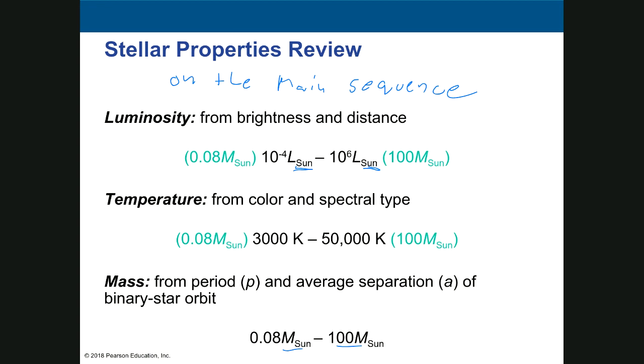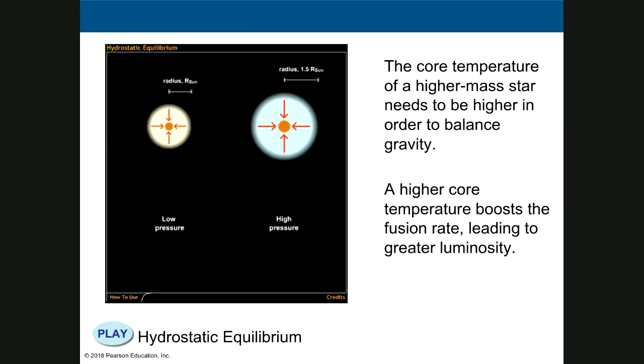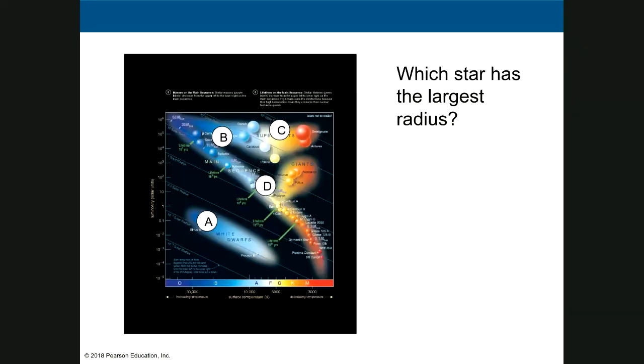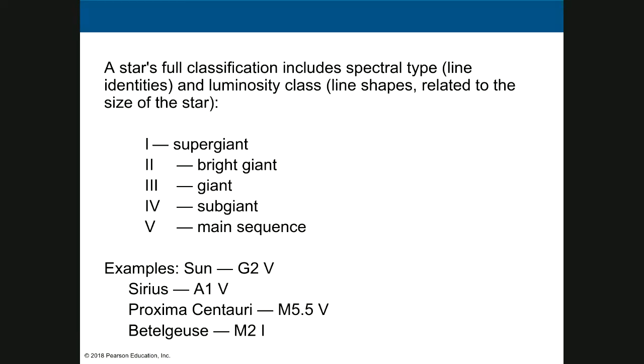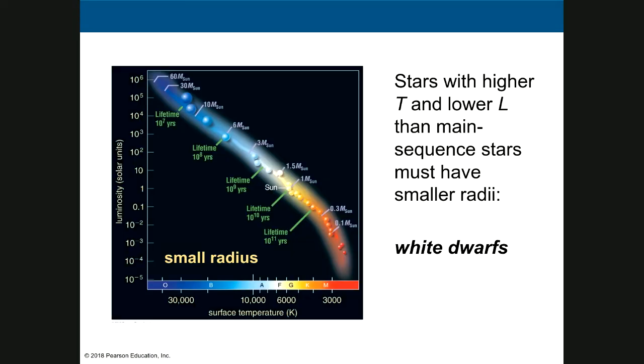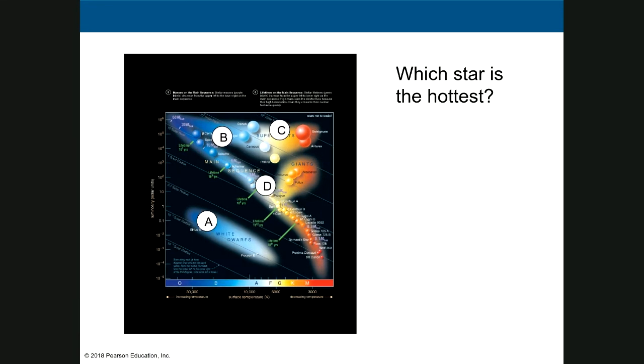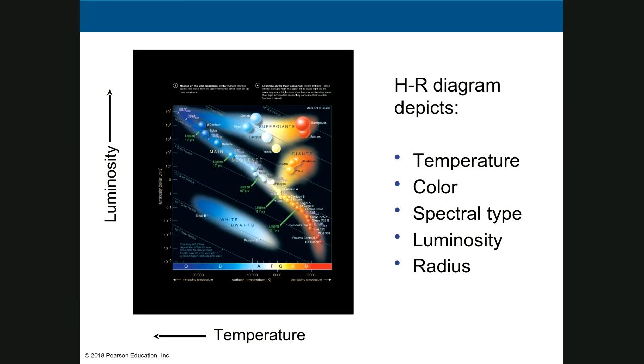Okay, so let's look at our Hertzsprung-Russell diagram to help us catalog stars. I just want to get back to this. Man, it is hard to find the good pictures. So you'll notice that our main sequence line for our HR diagram is this straight line.